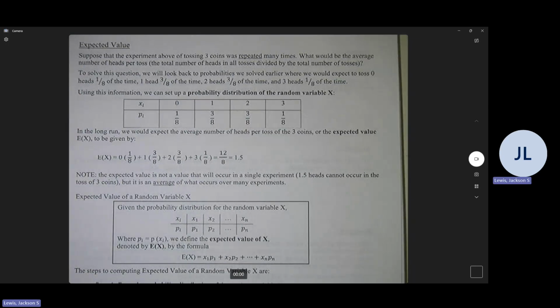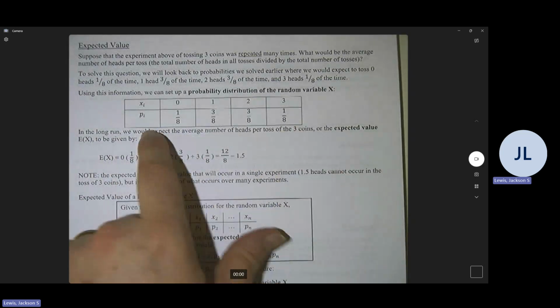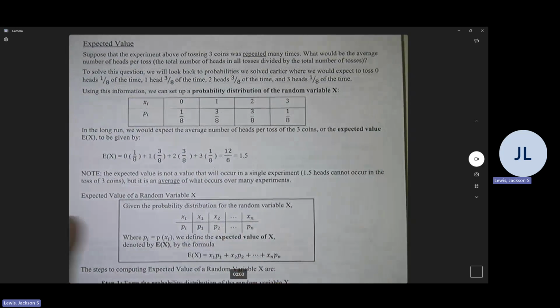So this is just saying what is expected to be the result after you run the experiment for an extended period of time. So suppose that the experiment of tossing 3 coins was repeated many times, what would be the average number of heads per toss, or tails per toss, whatever. And so given the probability distribution, we expect the value to be this.